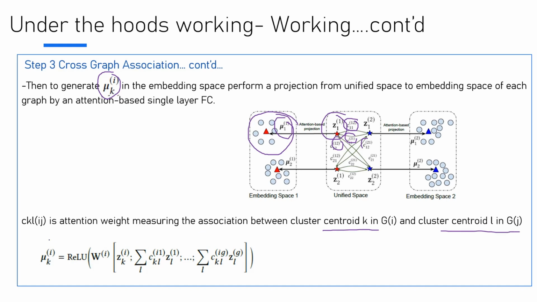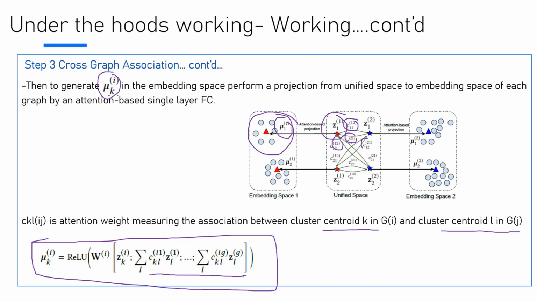If you look at this closely, mu_k of i turns out to be an attention-based equation over a concatenation of all the centroids, multiplied by z_k of i, and then W_i, which is the weight of the single layer FC, and over that we perform a ReLU operation, and that's how we arrive at mu_k of i. So now we've defined mu_k of i.